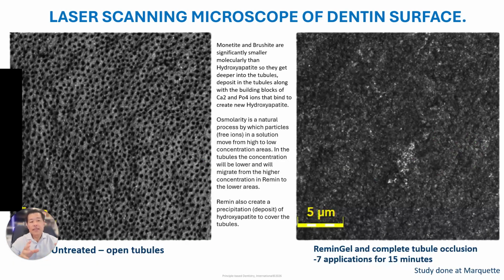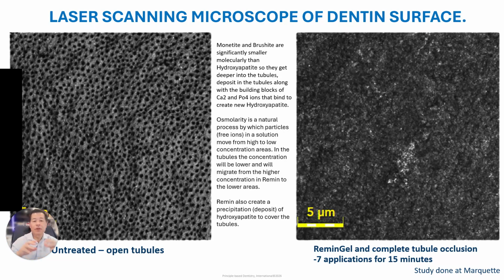So on the left-hand side, we have open dentinal tubules. On the right-hand side, they're occluded. Why? Because the monetite and the brushite are significantly smaller molecularly than hydroxyapatite, so they can get deep into those tubules. And then given the building blocks of the calcium and the phosphate, that helps to bind together with those precursors to create the hydroxyapatite.